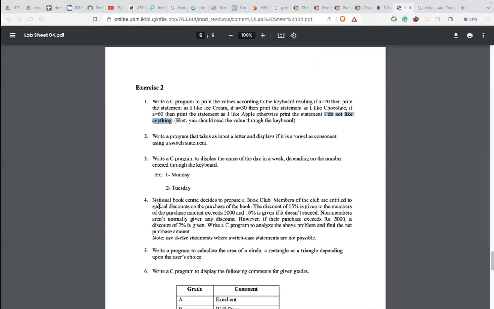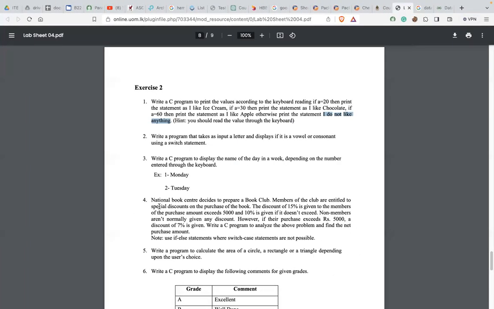Okay, any questions up to here? Okay, I'll go to the next line. The next question: write a program that takes a letter as input and displays whether it is a vowel or consonant using the switch statement.